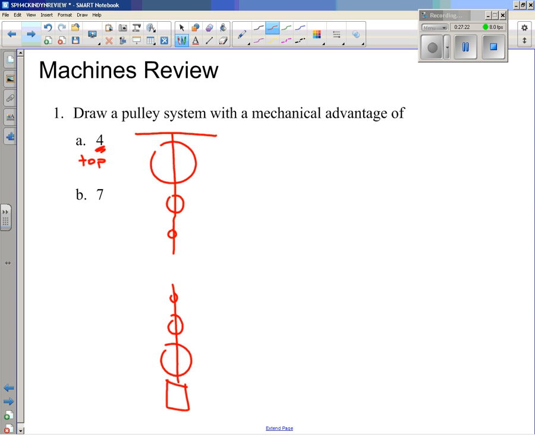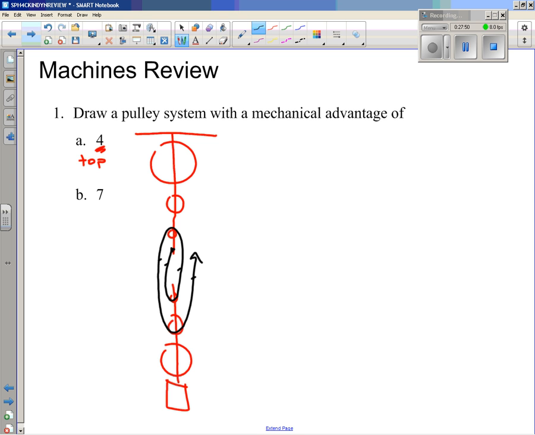So I'm going to start my string right here, right at the top, all right? And then it's going to go around this wheel, and there. You count all the strings that are pulling up. This one's pulling up, that one, that one, that one. There's my mechanical advantage of 4.